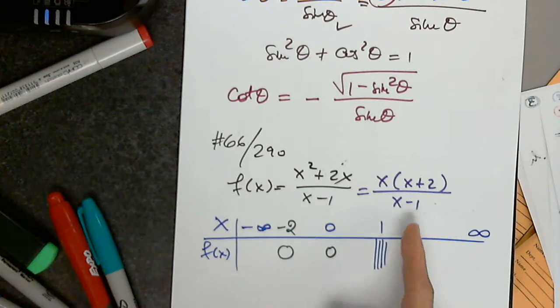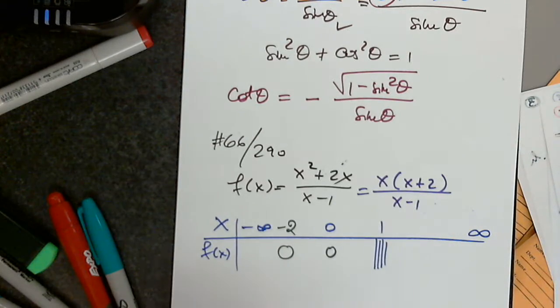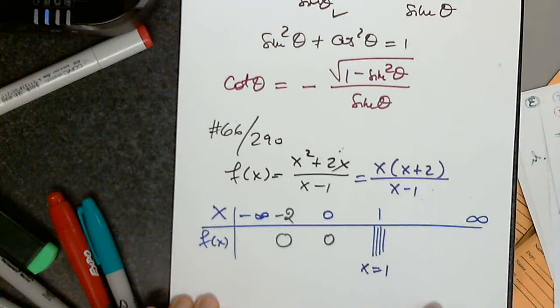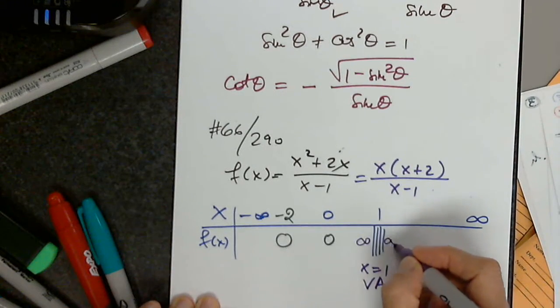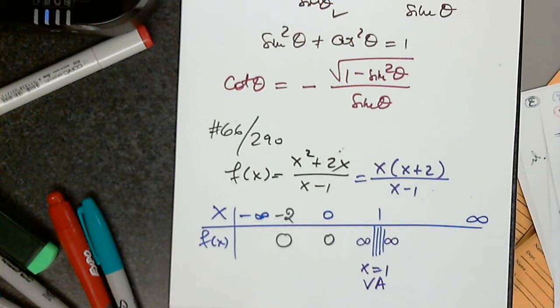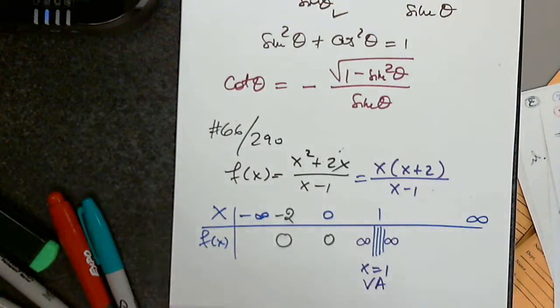I know that since x minus 1 does not disappear with anything from the top, x equals 1 must be a vertical asymptote, which makes these sides be infinities. But what I don't know is the sign of the infinity.